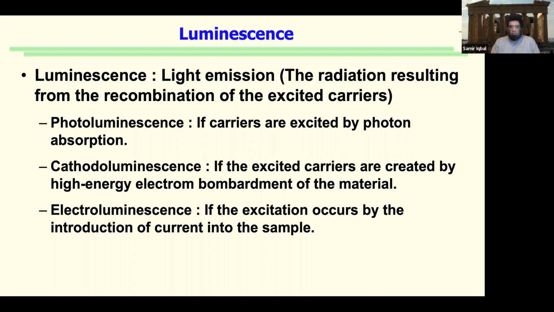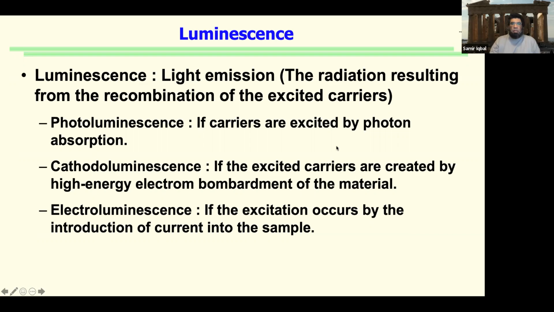When it gets excited by a photon, after some time it comes back. When it comes back from the conduction band to the valence band, it emits a photon. So it's light emission because of the recombination of the excited carriers, right?